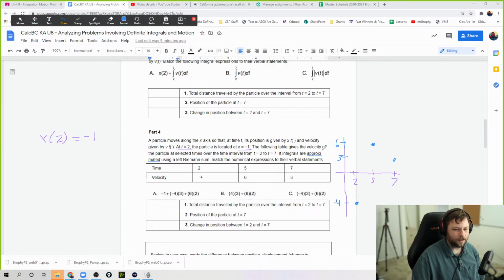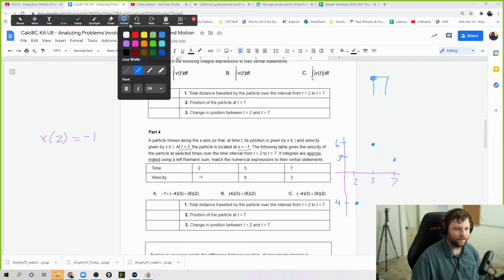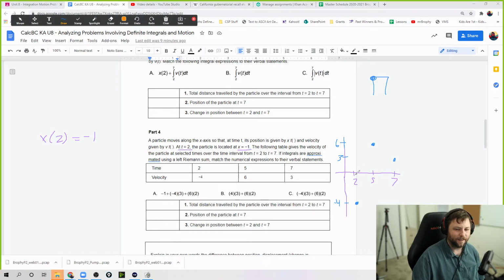So if you did a left-hand Riemann sum, what would these rectangles look like? Remember, left-hand Riemann sums are rectangles based off the left-hand side. You're starting on the left-hand side and going forward. So you start on the left, and you go to 5.